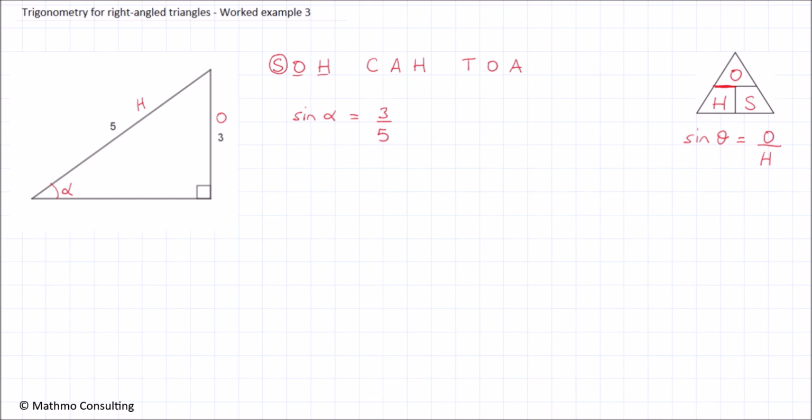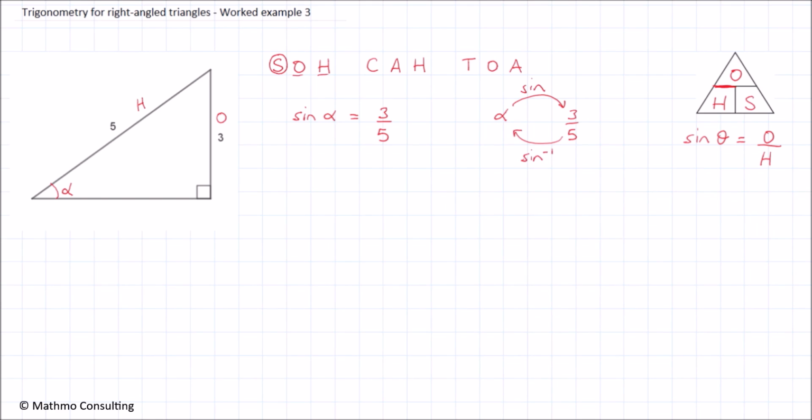Now it's very common for students to think that they can divide by sine to get alpha, but that's not how it works. We've taken the angle alpha and we are applying the sine function to it to get 3/5. So in order to get back to alpha, we have to apply something called the inverse sine function.